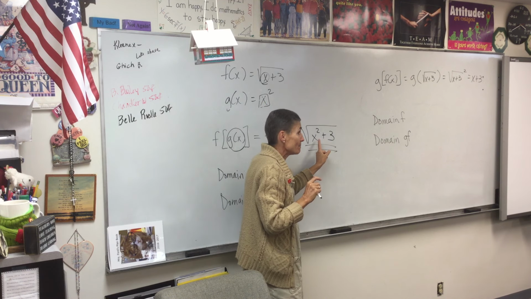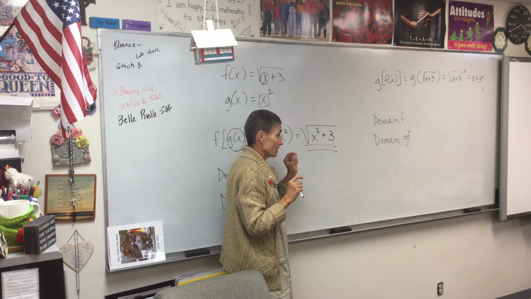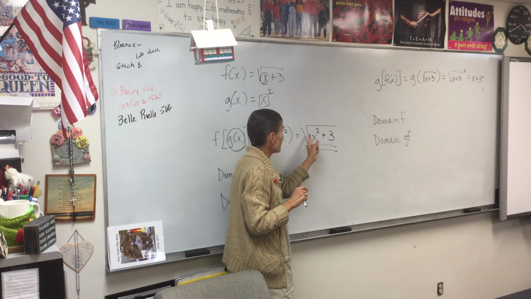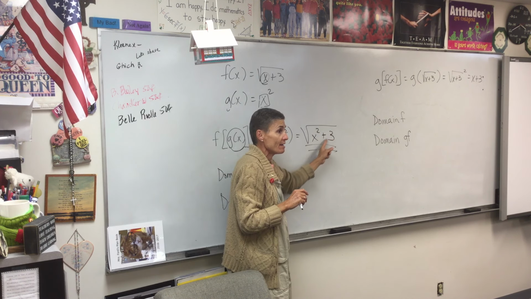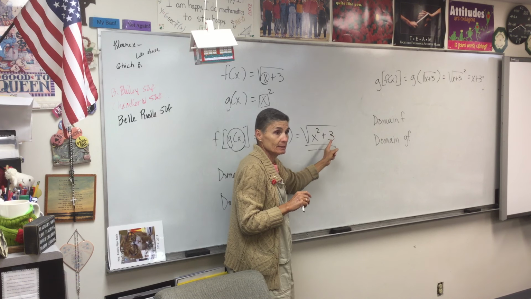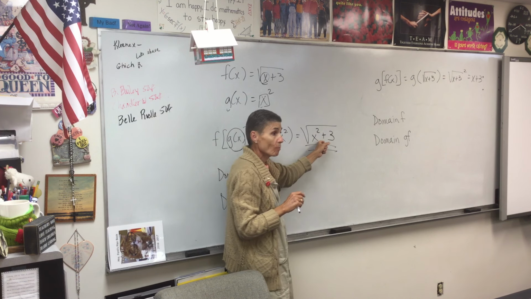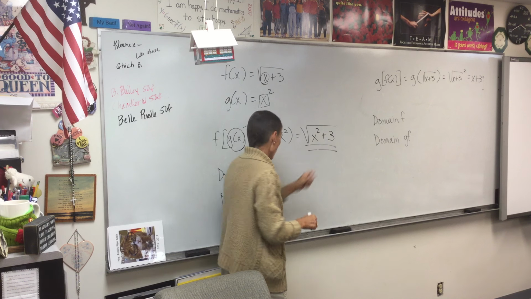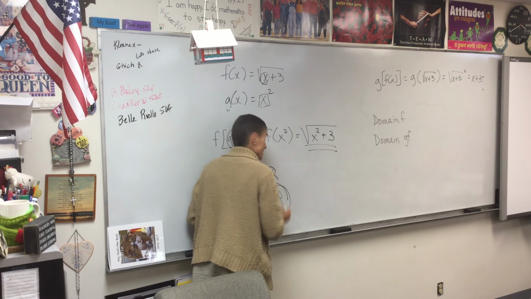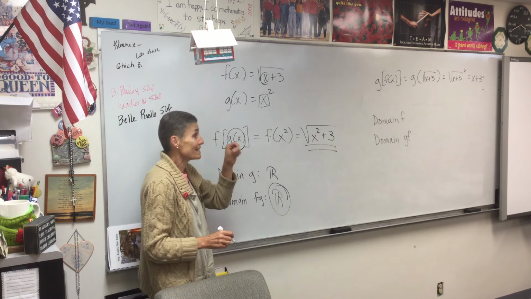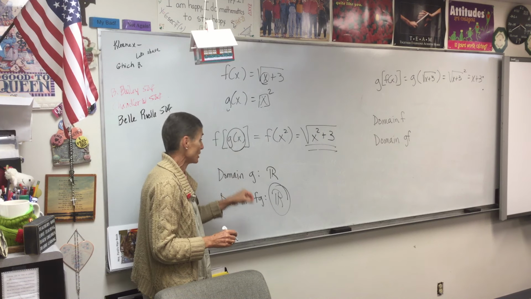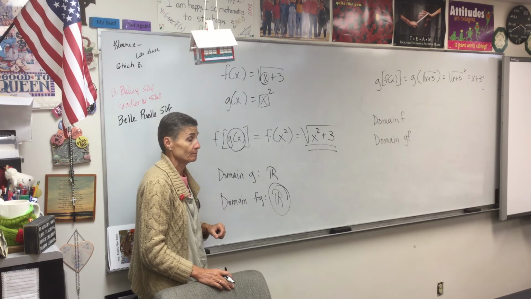You can't be negative. Well, this is a special problem. Is there any way that's going to be negative? No. So what's the domain of this? All real numbers. And so the answer to the question, what is the domain of the composition? It's all real numbers.